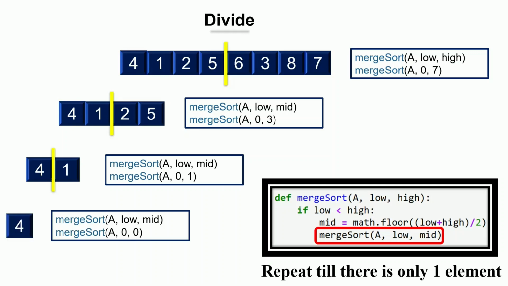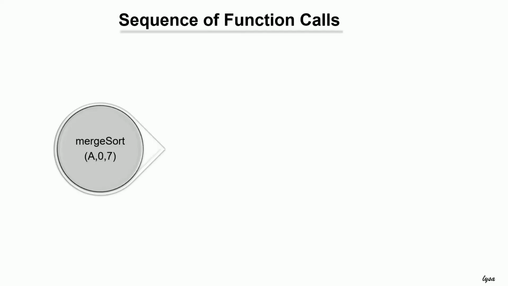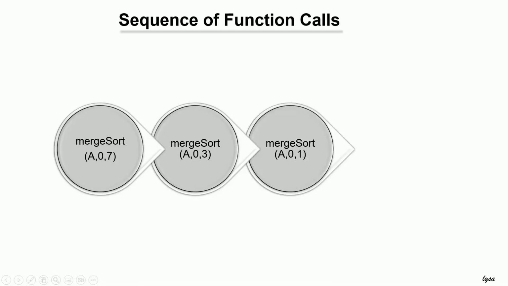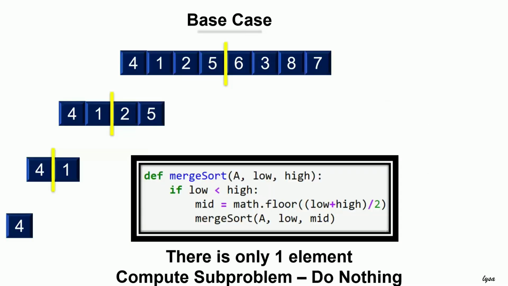And then finally, we have Mergesort on 0, 0. This is when we stop the recursion. Mergesort A of 0, 7 calls Mergesort on 0, 3, which calls Mergesort on 0, 1, which calls Mergesort with the values 0 and 0.